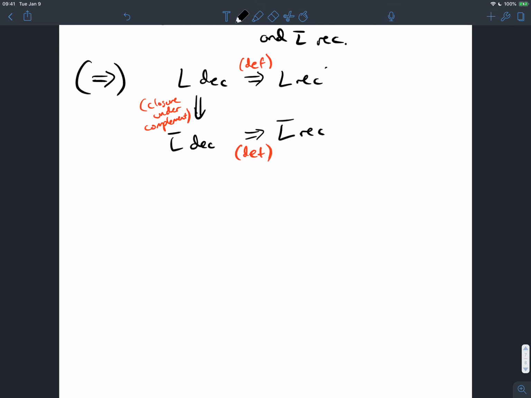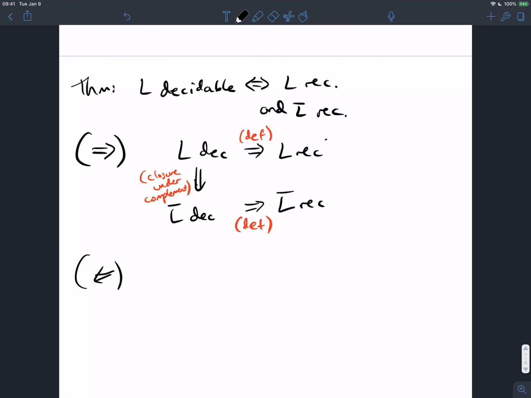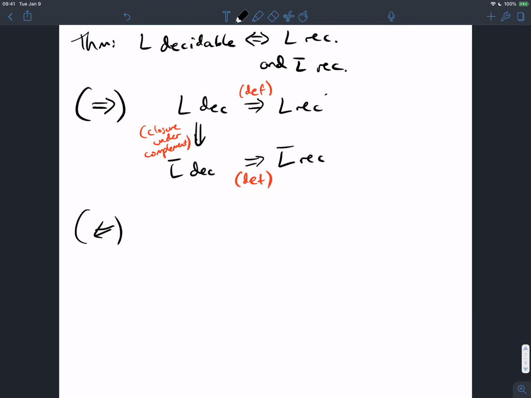Nice. What about the other direction? We haven't shown, and it's not true, that L recognizable implies L decidable. So we can't apply the same idea as we just did, we can't just reverse the arrows or something. So we need to be a little bit more clever here.